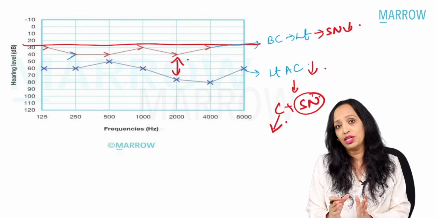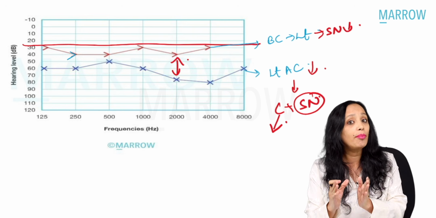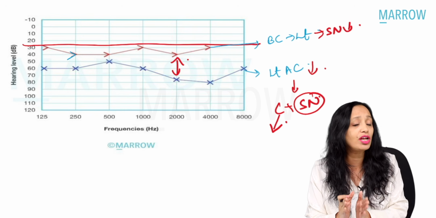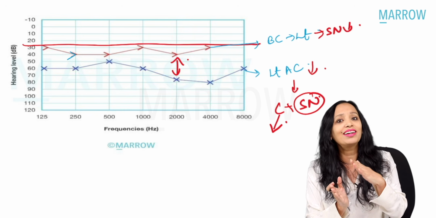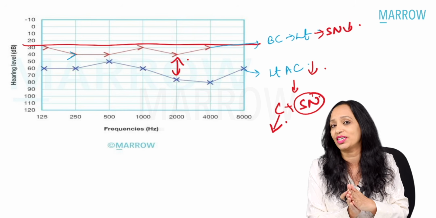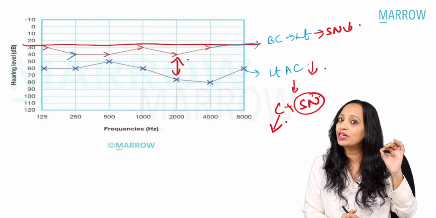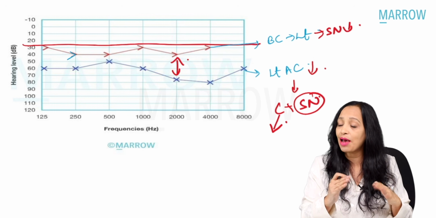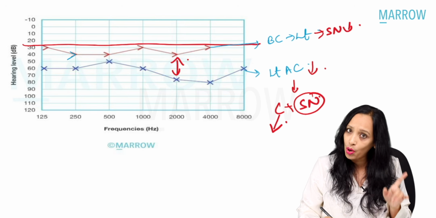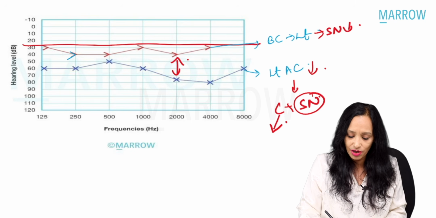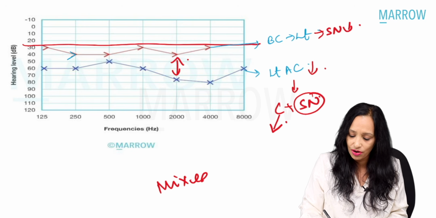If the air conduction were decreased because of the sensorineural pathway defect only, then the air conduction and the bone conduction would be equally defective and there would be no AB gap. Right? So whenever you are seeing the bone conduction is defective and also there is an AB gap, it means that this is both sensorineural as well as conductive hearing loss, that it is a mixed hearing loss.